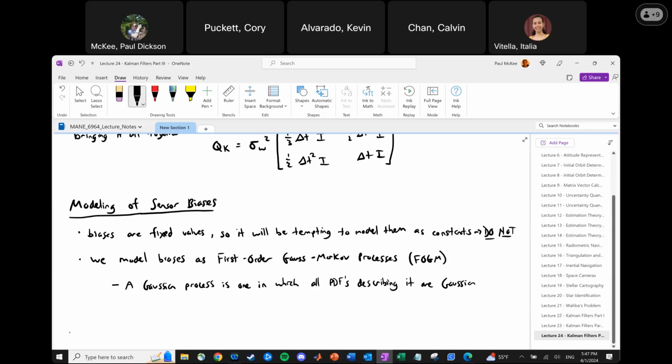I always thought that if you have a random number, then it's going to have a probability density function, and that is a constant. Well, a first order Gauss-Markov process is a random number that evolves over time, and the distribution of that random number also evolves over time. So as that random number is kind of walking around, then the probability of the next random number is a function of the previous random number.